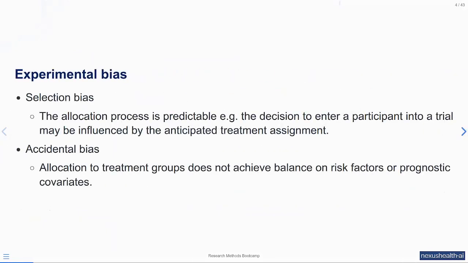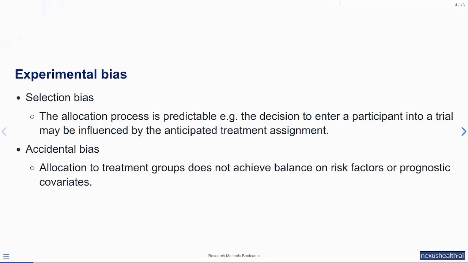Experimental bias could either be selection bias or accidental bias. If it's selection bias, then the allocation process is predictable. That is, the decision to enter a participant into a trial may be influenced by the anticipated treatment assignment.